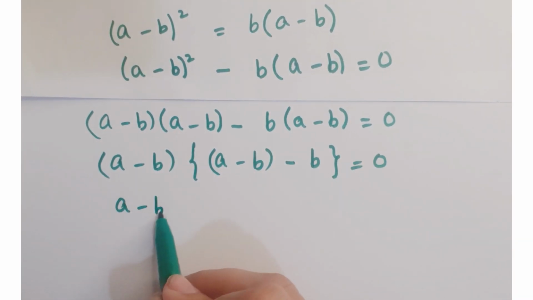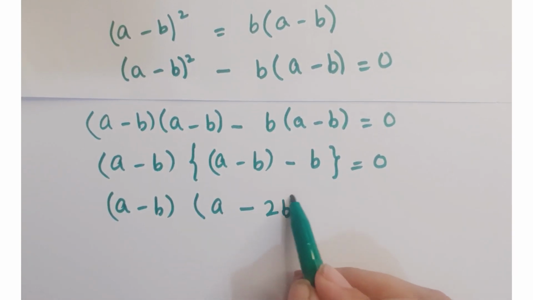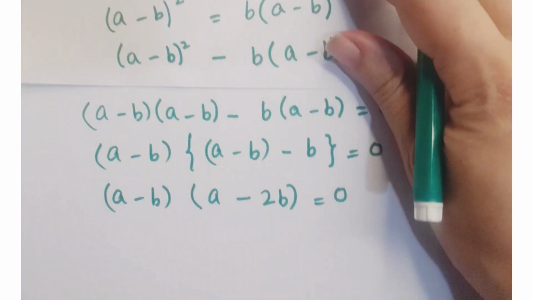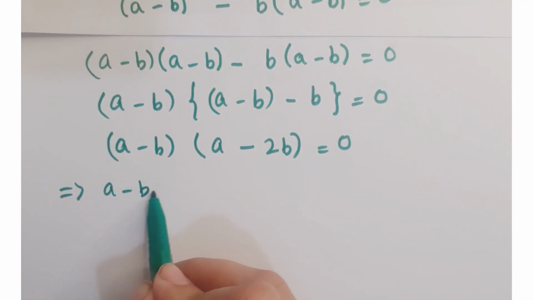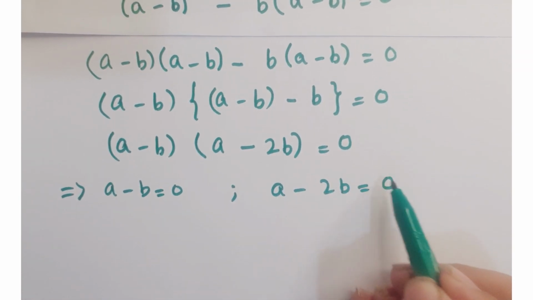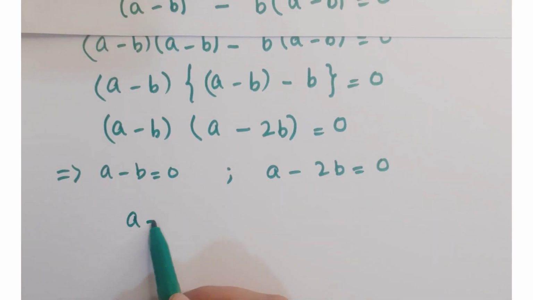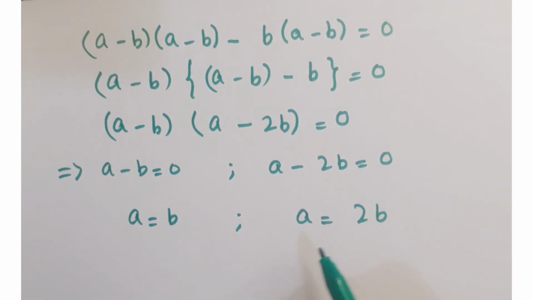So, we have (a minus b) into (a minus 2b) is equal to 0. This implies a minus b is equal to 0, and the second possibility is that a minus 2b is equal to 0. Further, we have a is equal to b, and here a is equal to 2b.